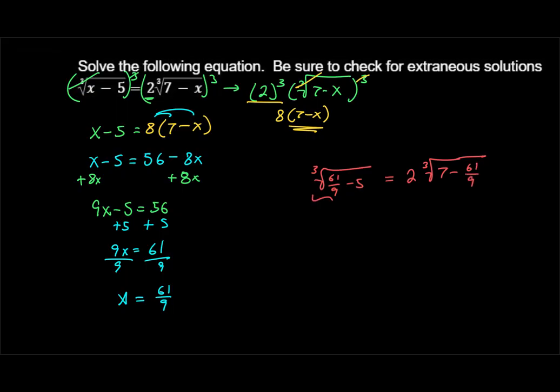If I type this into the calculator, I'm going to get a number that's approximately 1.211. On the right side, if I type that into the calculator, I should get about the same thing, or actually exactly the same thing, because they are indeed equal.